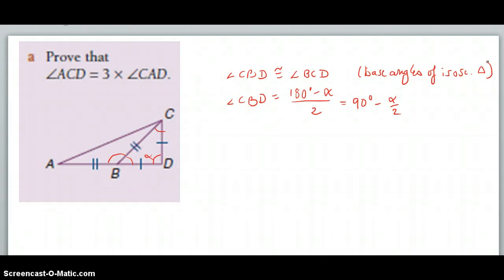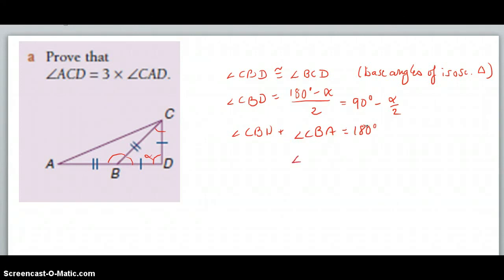Right, now I can say that angle CBD plus the angle here, which is CBA, have to add up to 180 degrees.